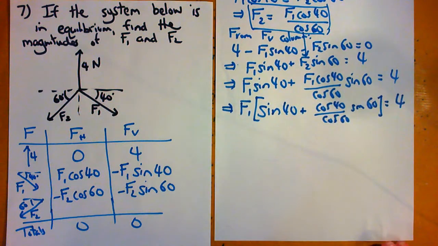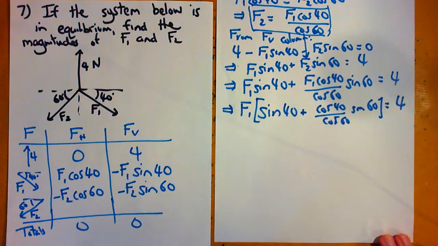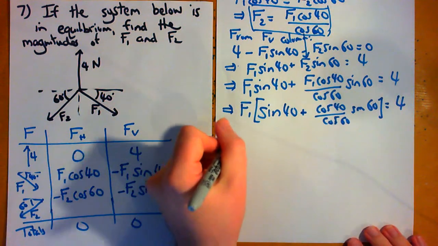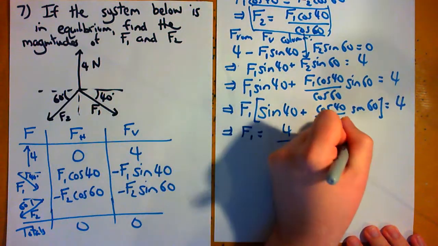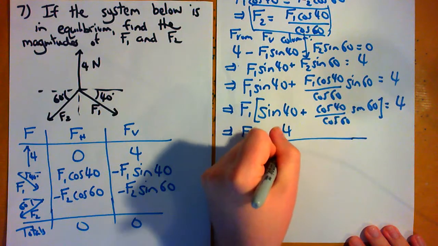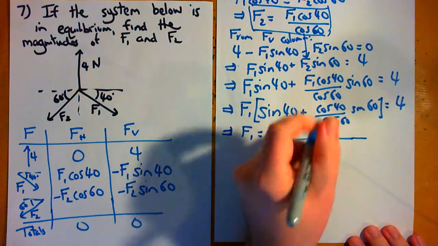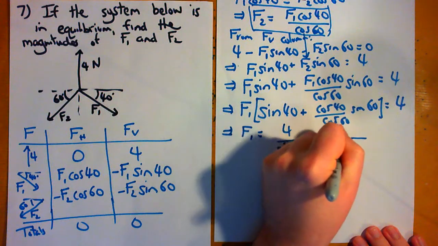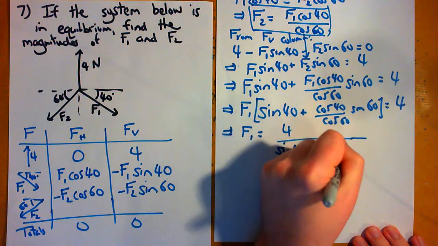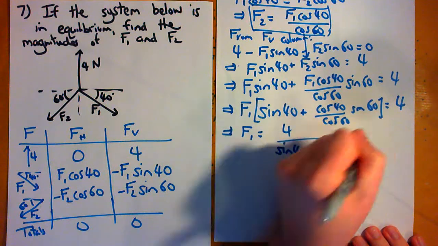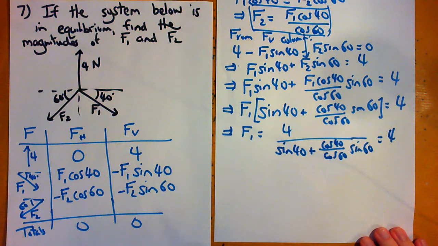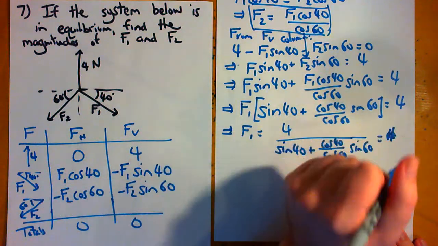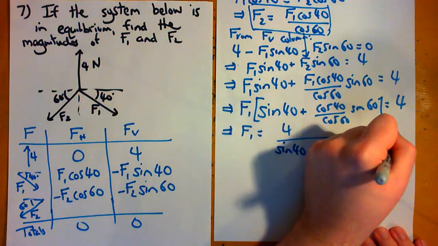So what we have at the moment is F1 times a mess equals 4. So we just divide by the mess to find F1. F1 is 4 divided by that whole bracket, which is sine of 40 plus cosine of 40 over cosine of 60 multiplied by sine 60, all on the denominator of the fraction. And if we calculate that, we end up with an answer of 2.03 newtons.